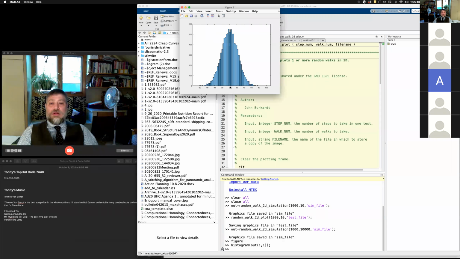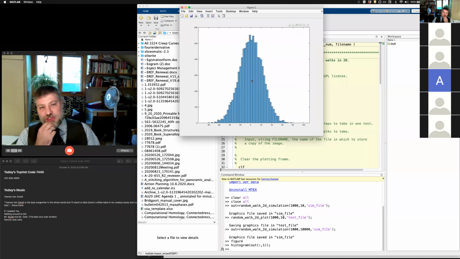So here's the x coordinate, and this is just the histogram frequency.